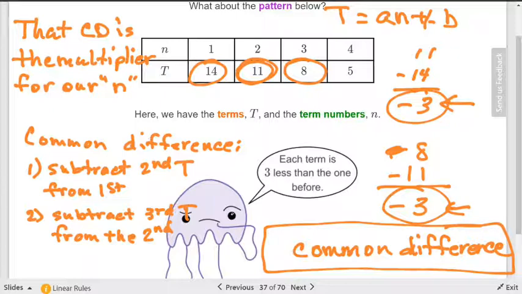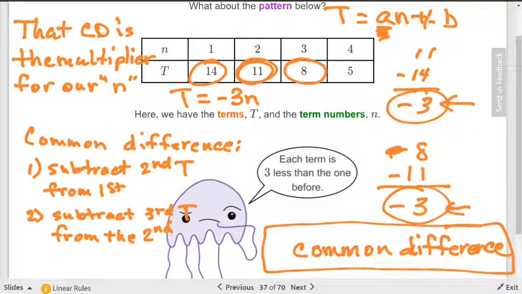We don't always have the plus and minus, but in general, we will. And this number in front of our n is always just the common difference. So in this case, the number that goes in front of our n is minus 3. So we have t equals minus 3n.